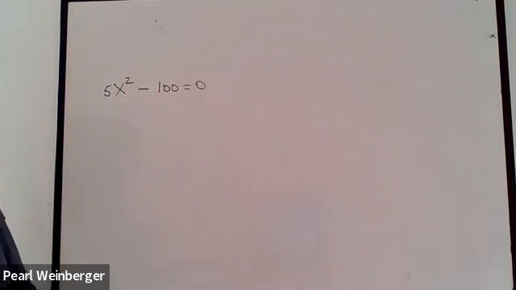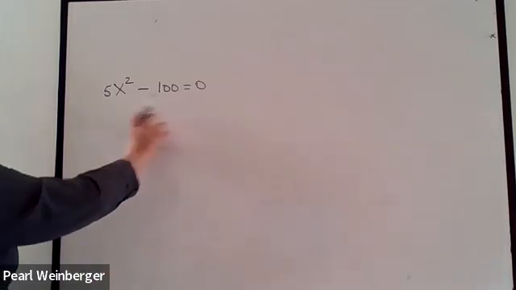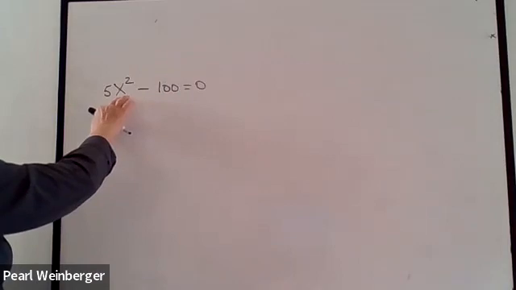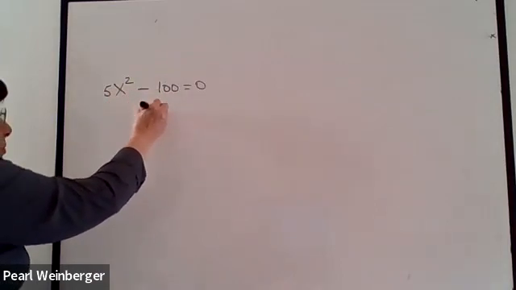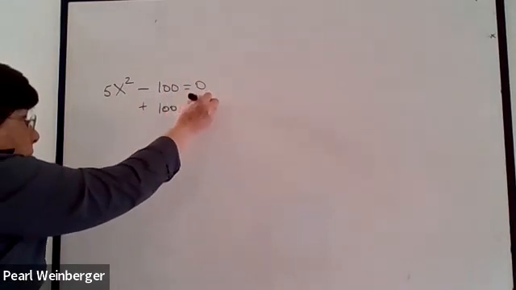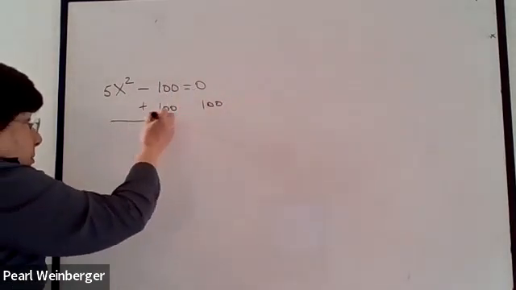When you have that kind of equation, there's a relatively simple method that can be used to solve that quadratic equation. You solve it like it's a regular equation. Think of this as if it's not an x squared, but an x. So of course, the first thing you're going to do is bring the 100 to the other side.